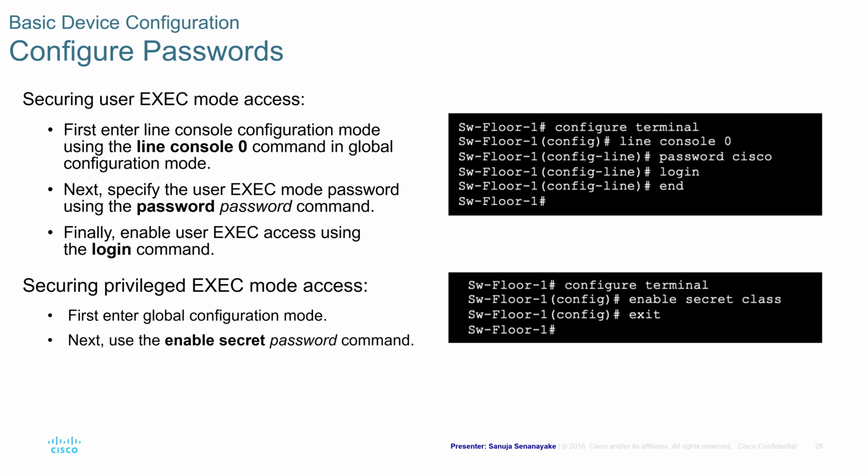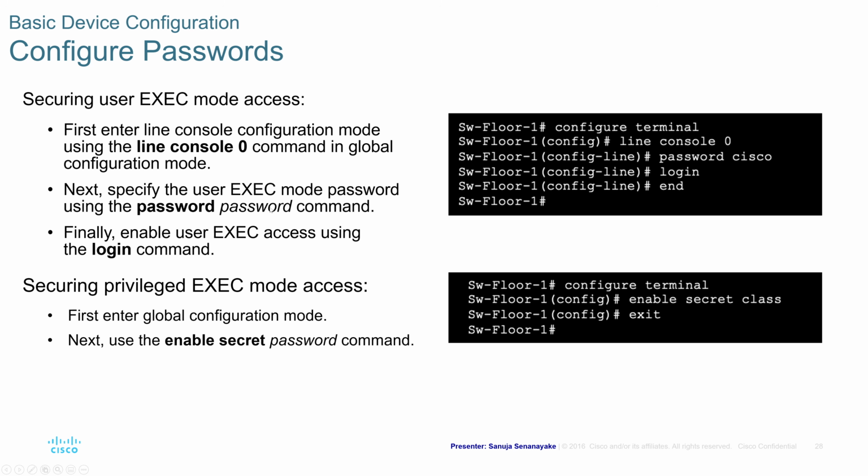To configure a password, you have to enter the password for a couple of items. So first look at securing the user executive mode access. First, enter the line console configuration mode using line console 0. The line console 0 is the configuration mode for the user executive mode. Then you can specify the password by entering password and then whatever password you need.